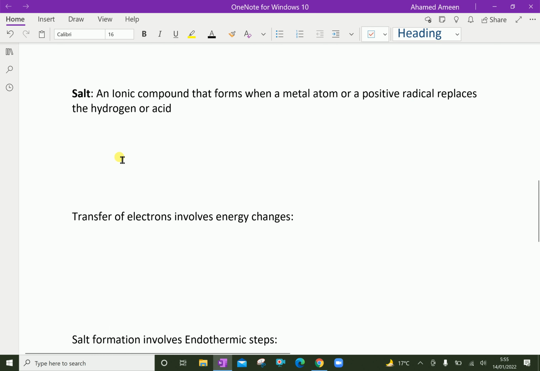Next, let us discuss salt, an ionic compound that forms when a metal atom or a positive radical replaces the hydrogen of an acid. Here, the force of attraction between the positive charge on the sodium cation and the negative charge on the chloride anion creates an ionic bond in sodium chloride.